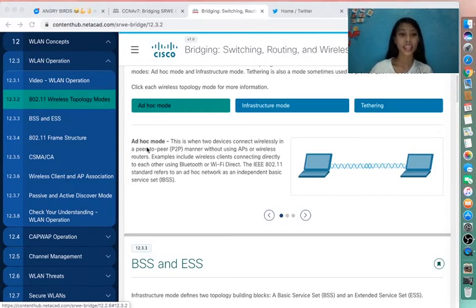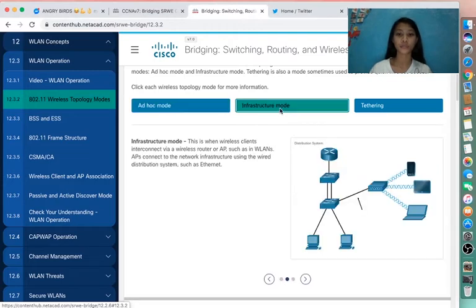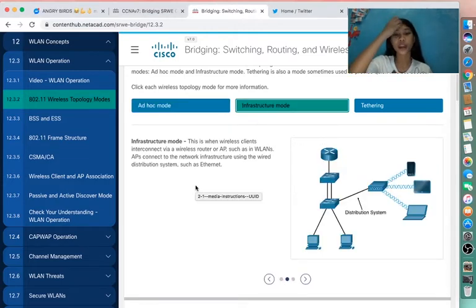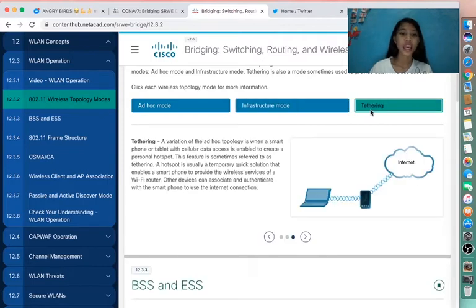In infrastructure mode, wireless clients interconnect via a wireless router or AP, such as in LANs. In tethering, a variation of the ad hoc topology, a smartphone or tablet with cellular data access is enabled to create a personal hotspot.